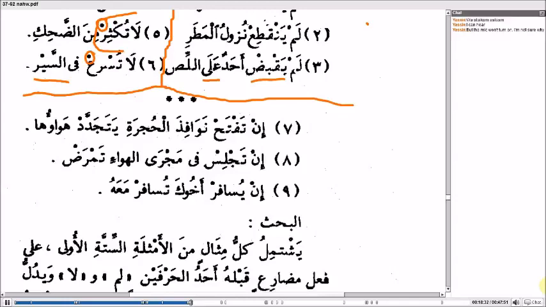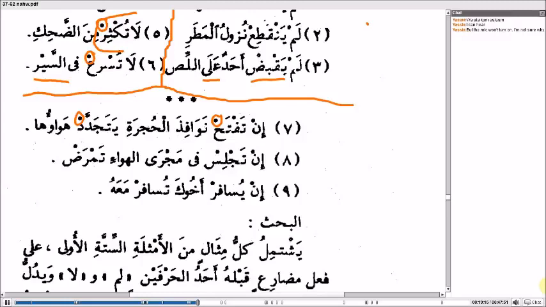افتح نوافذ الحجرة يتجدد هواؤها. In taftah nawafidh al-hujra, if you open the windows of the room, yatajaddad hawa'uha, then the air in that room will be refreshed.